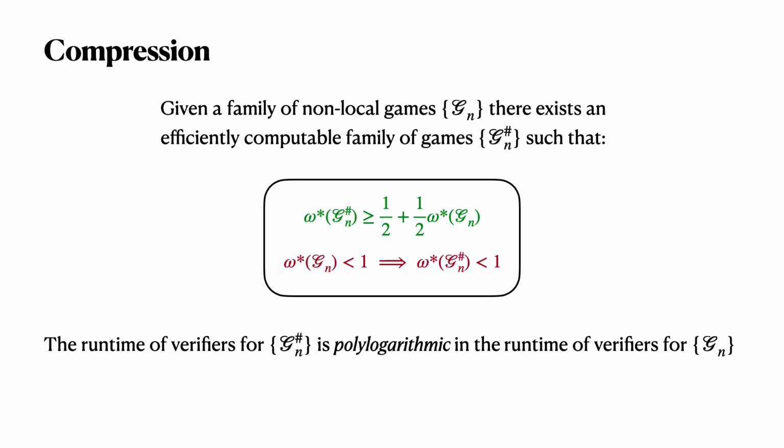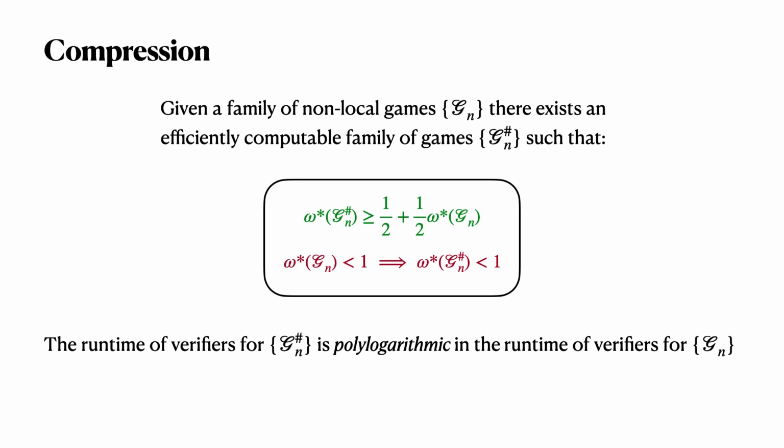The compression theorem, the first tool that we use, takes as input a family of non-local games, G, and efficiently produces a compressed family of games, G sharp, such that the values of the nth game in the two families are related to one another in a nice way. First, we want the nth compressed game to always have a value that is larger than half plus half the value of the nth game.